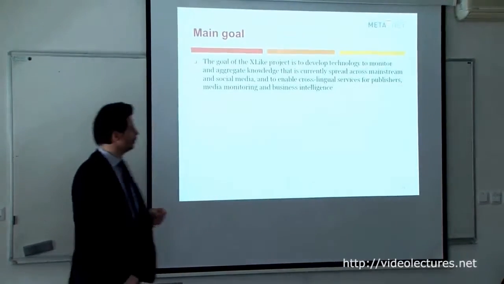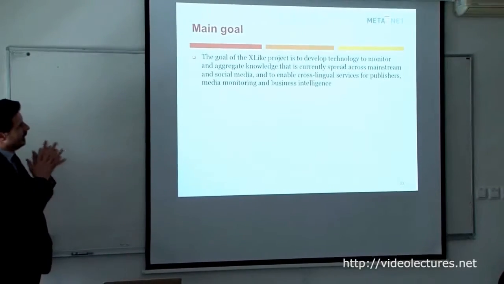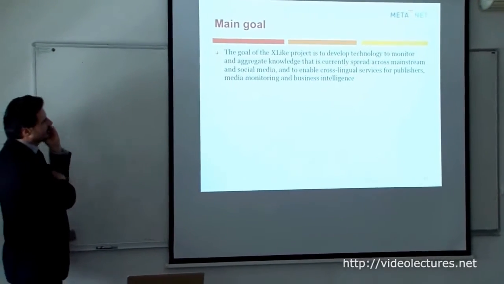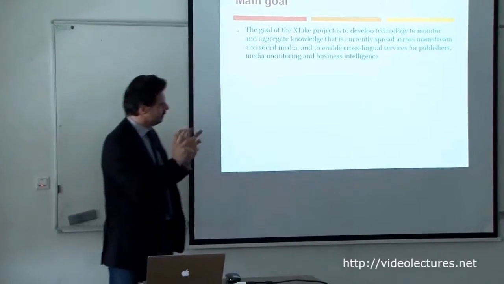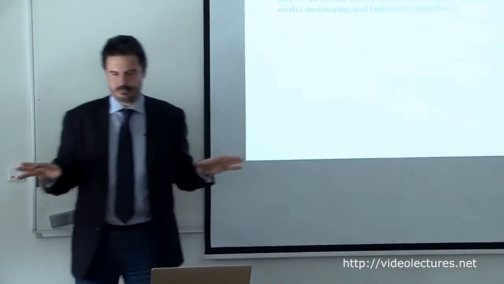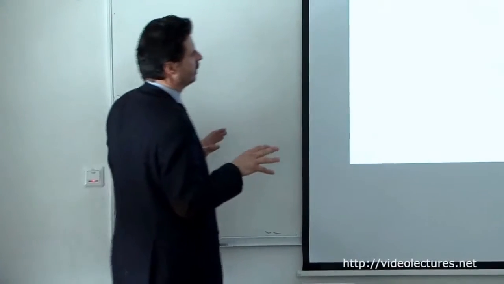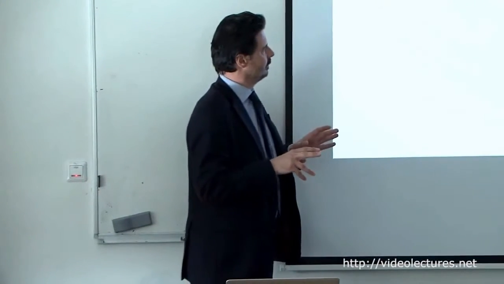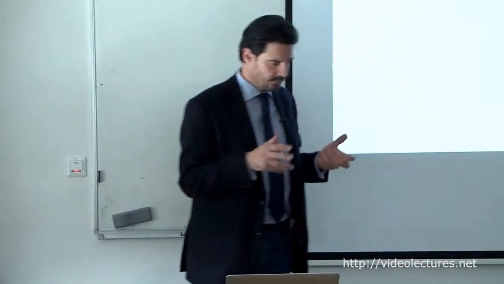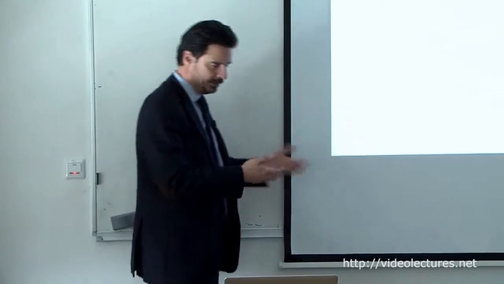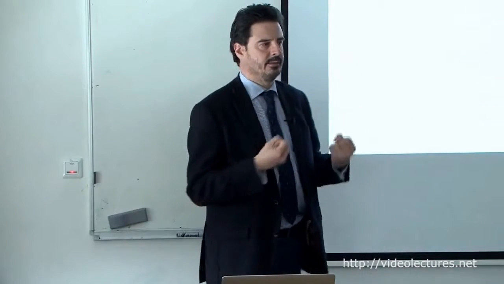And the main goal could be formulated in this way: XLike is trying to monitor and aggregate knowledge that is spread through general or mainstream social media, and to enable publishers or information brokers, as they call them, to monitor this media and extract knowledge and events when they appear.